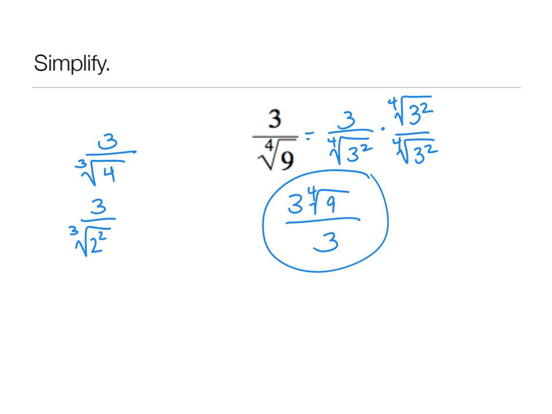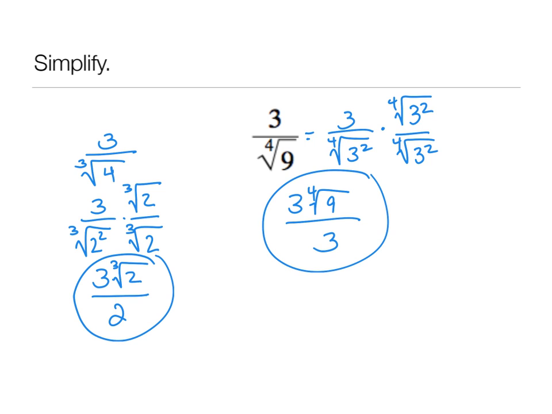So in order to remove that radical, I need 1 more 2 because I need a set of 3 of these. So I would multiply by the cube root of 2 over the cube root of 2. Notice I am not multiplying by the cube root of 4 over the cube root of 4. That wouldn't take care of eliminating my radical. I need sets of 3 in order to do that. So now this would give me 3 times the cube root of 2 over 2. And that would be the simplified version there.